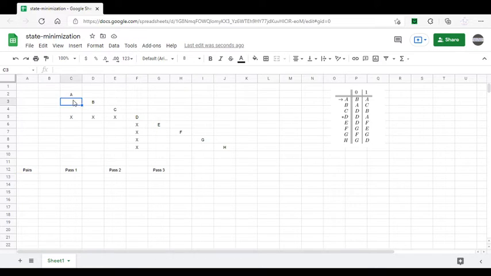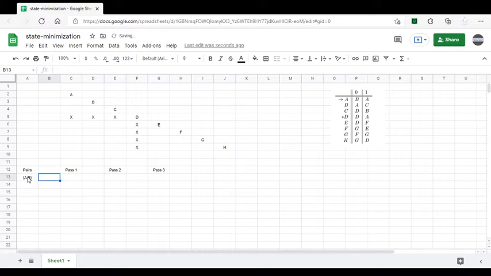Probably I should start with a different pair because AB is a bit weird with this one. It confused me at first. But let's start with AB, right? Just copy and paste this. So I have the pair AB.